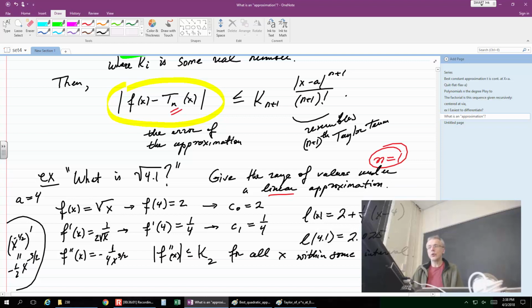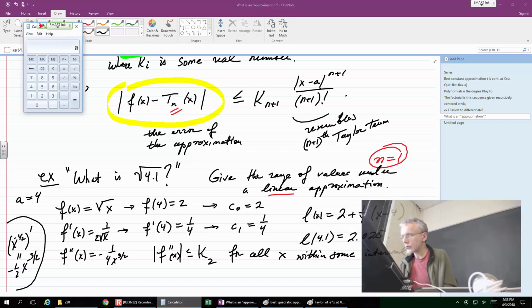The interval should contain 4 to begin with, but it also should contain 4.1. It seems a bit complicated. To take such a small interval, we need an estimate that is easy to compute. Do we have a root here? I don't think we have a square root here. Well, let's just carry it out.